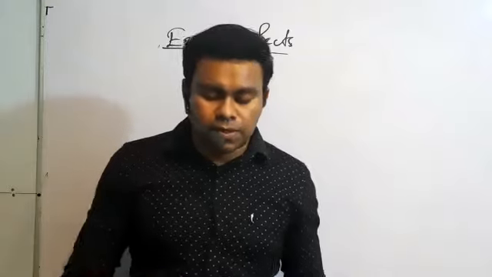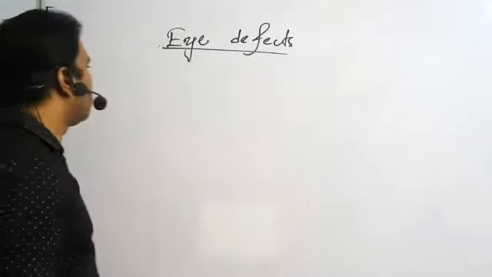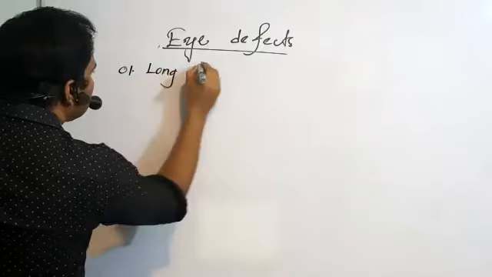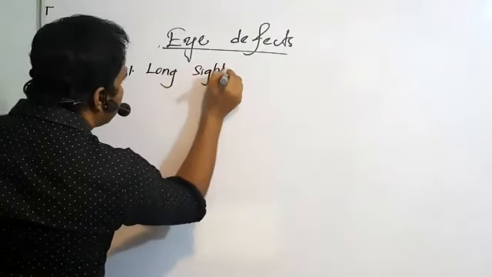There are two types of eye defects. First one, long sightedness.